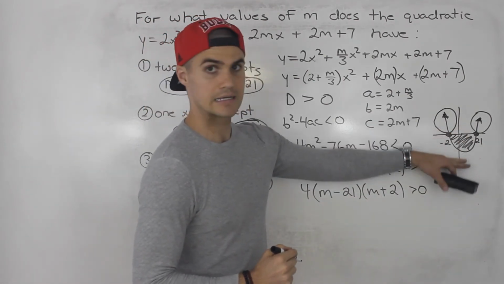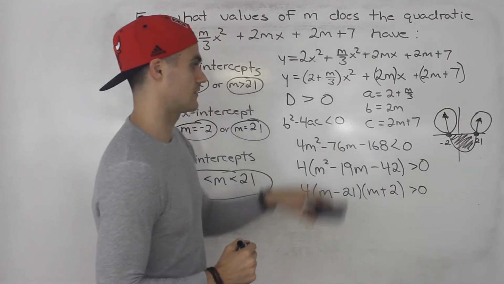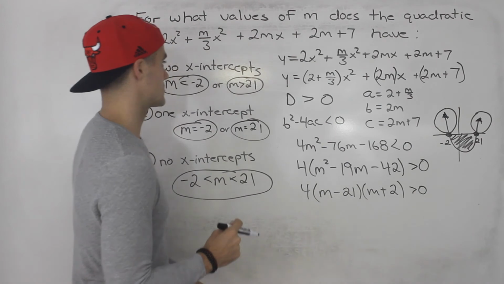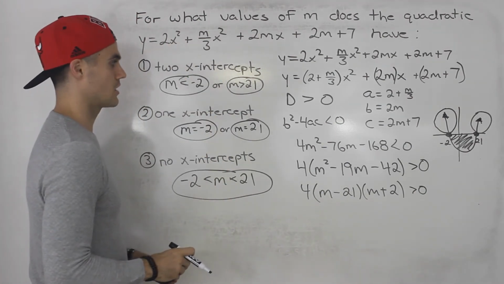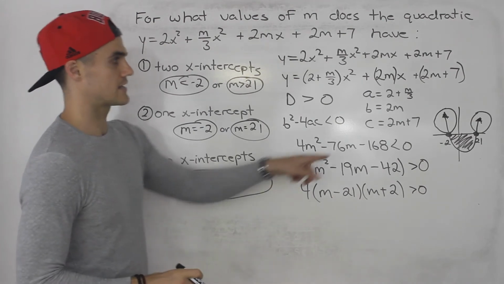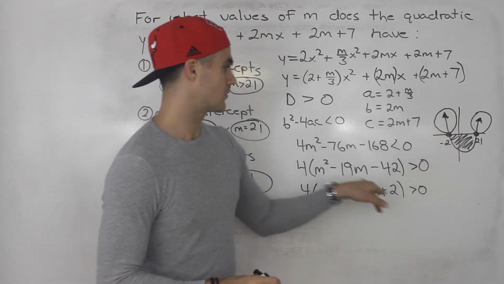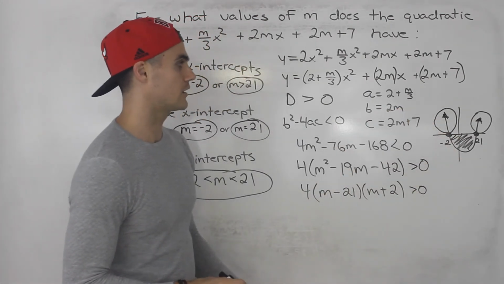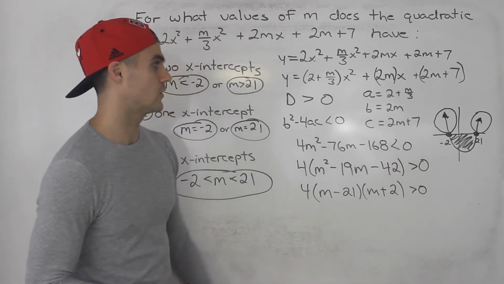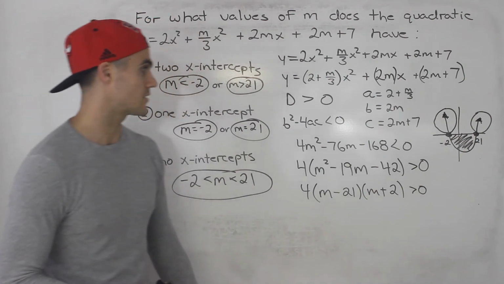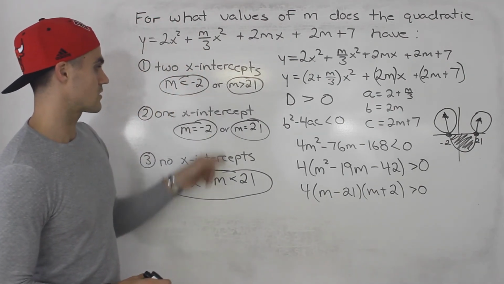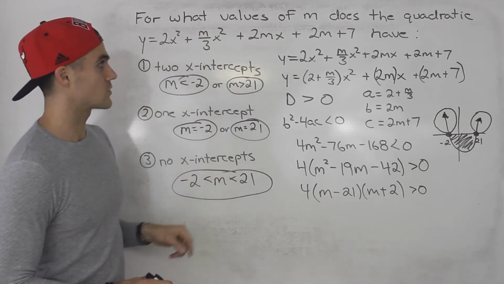That's when the discriminant is less than 0. That's the inequality there. So those are your answers. So when you're dealing with the same quadratic, it's actually not bad because you could just use that same diagram, right? Just switch up the inequality, and from the diagram you could see when is it greater than 0, when is it equal to 0, when is it less than 0. But nevertheless, these are the answers for this question.